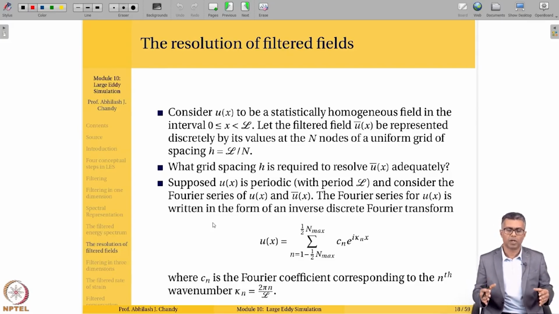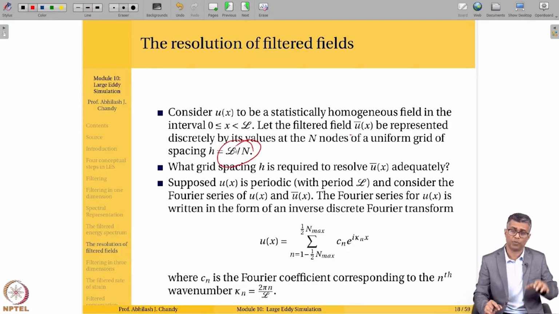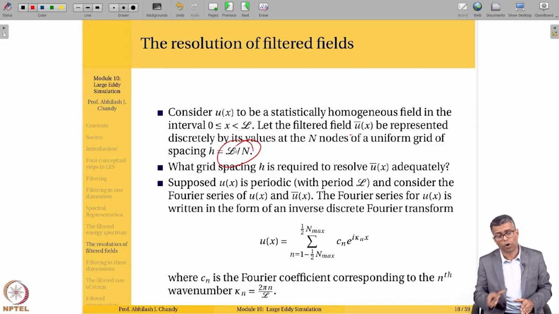We have a box from 0 to L, and a filtered field u bar represented by discrete values on n nodes of a uniform grid that has a spacing L over n. So your grid spacing is h, which is equal to L over n. Except in DNS, u was resolved exactly for all the length scales, so we did not have a u bar, we only had a u.